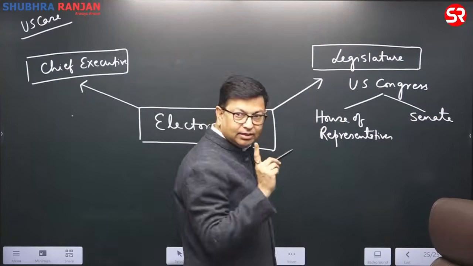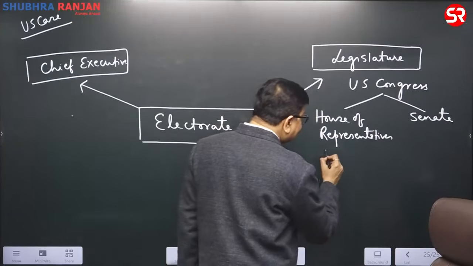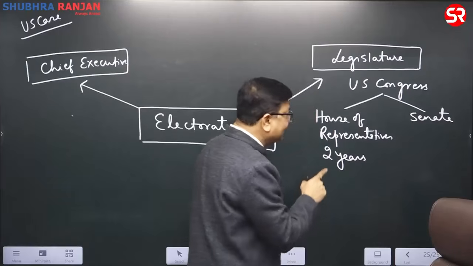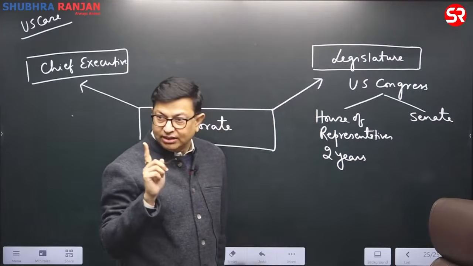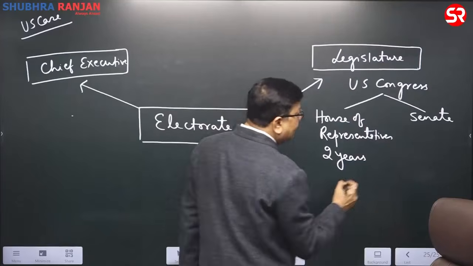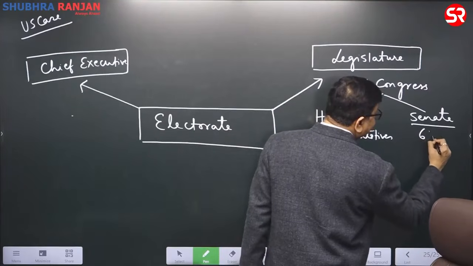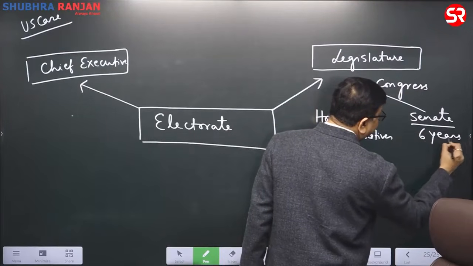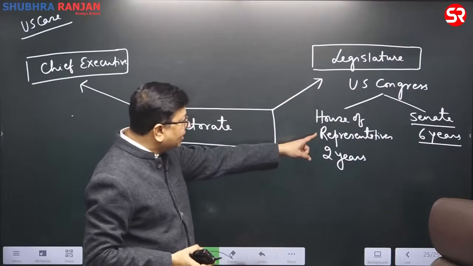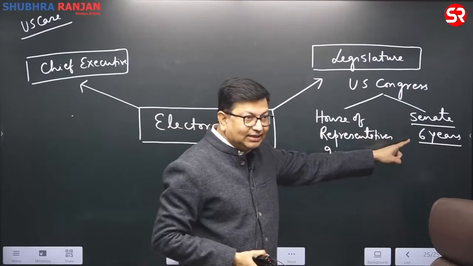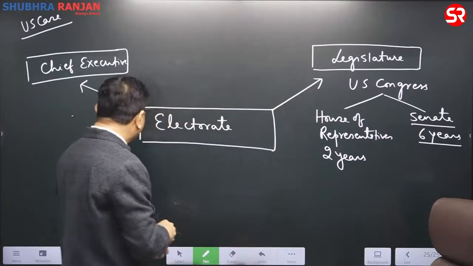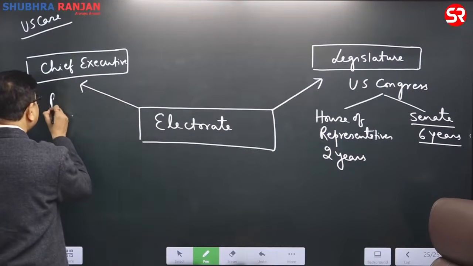So the electorate, it elects the House of Representatives every 2 years. It is just like our Lok Sabha. The term of the Lok Sabha is 5 years, but House of Representatives 2 years and 6 years of Senate. So here even the members of the House of Representatives and Senate are directly elected by the people, and in a separate election the US President is elected.